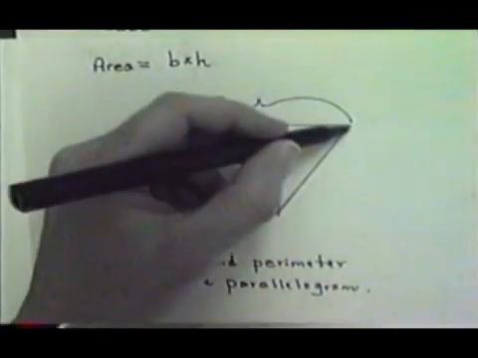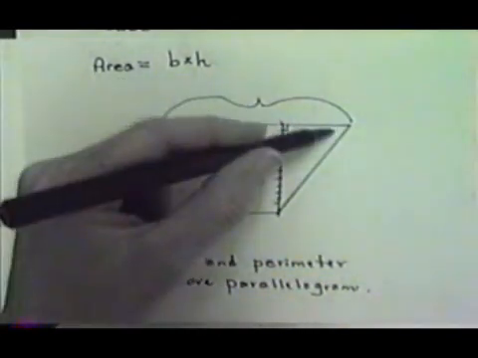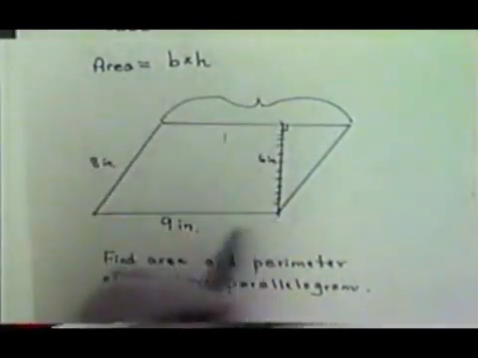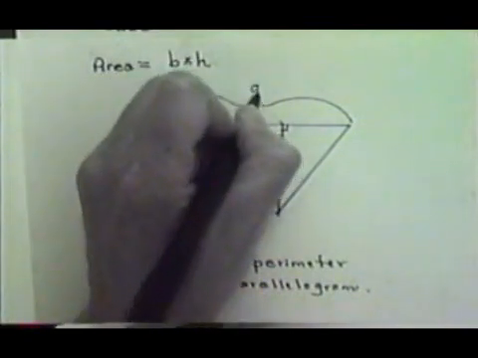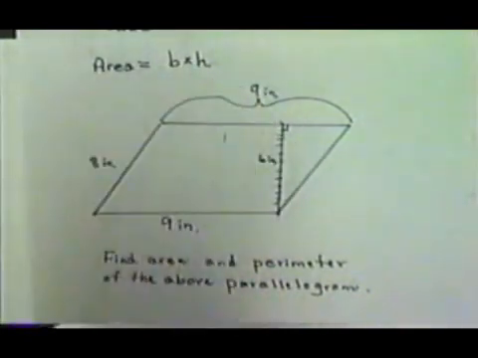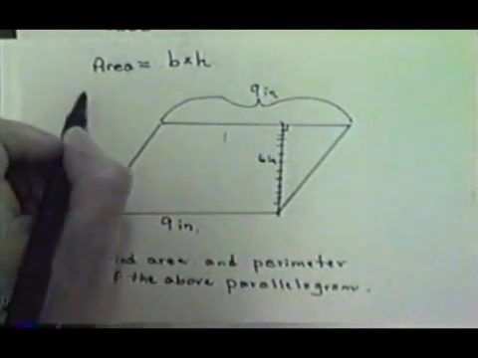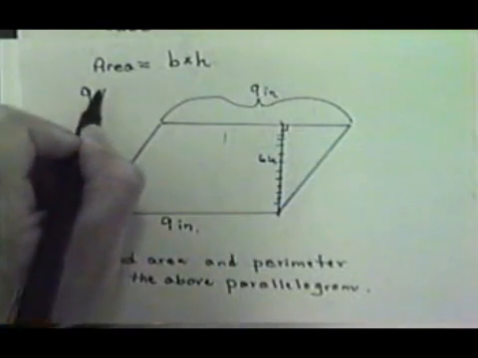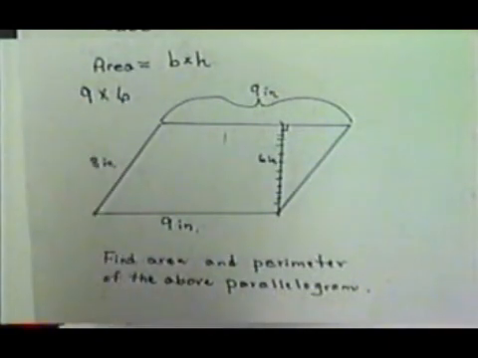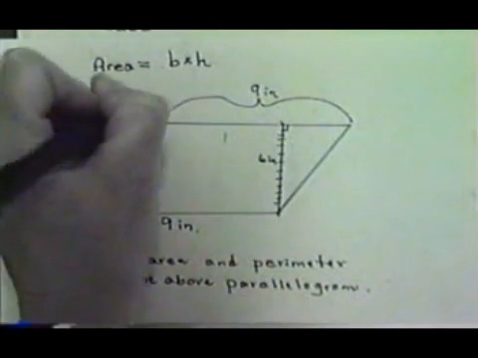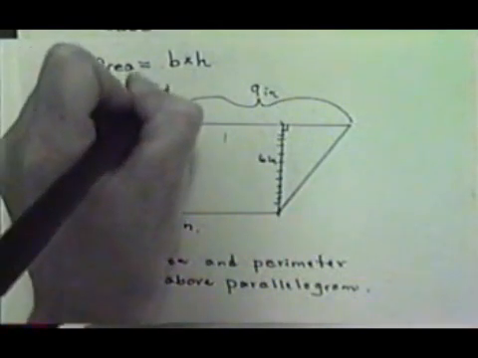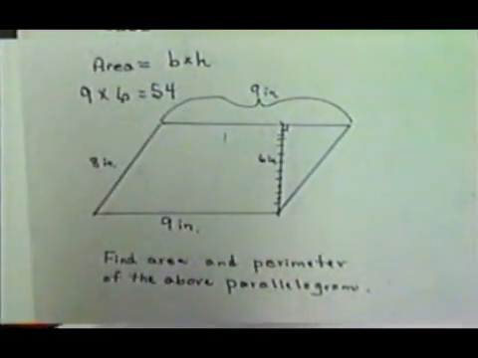Now, I don't have a number up there, but I would know how long that side is. It's got to be the same length as the bottom, so it would have to be 9 inches. So I've got to use 9 for my base and 6 for my height. So I would say 9 times 6, and I would get 54.